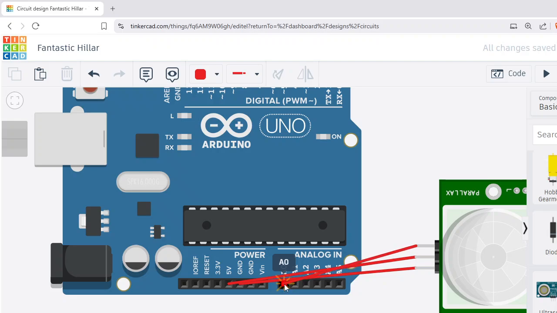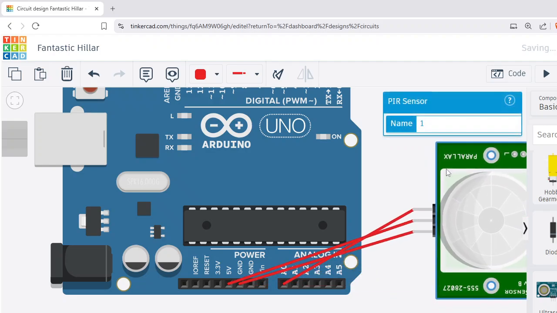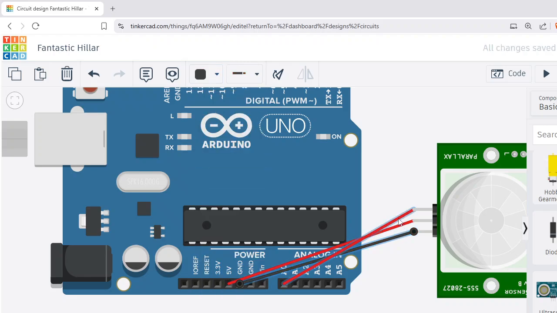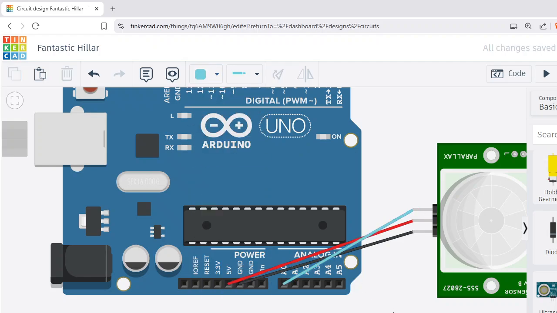So suppose I connect it to A0. What is going to happen now? The PIR sensor is going to get power from the 5 volt and ground from here. ठीक है, so 5 volt ground को हम कर देते हैं black ताकि हमें clearly पता चले, and the signal is maybe turquoise or something.